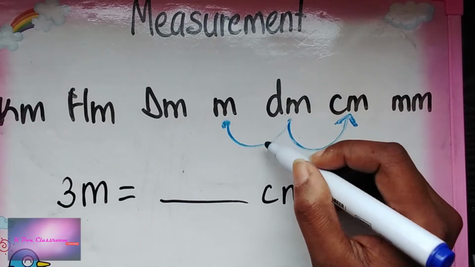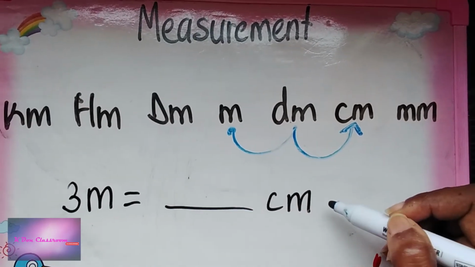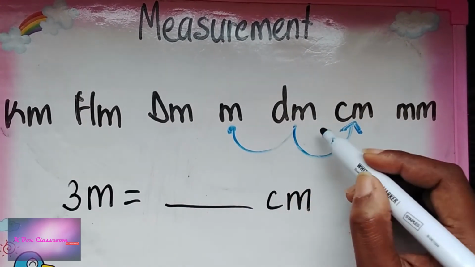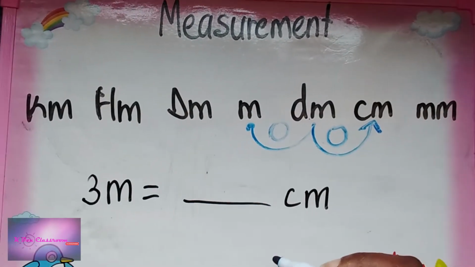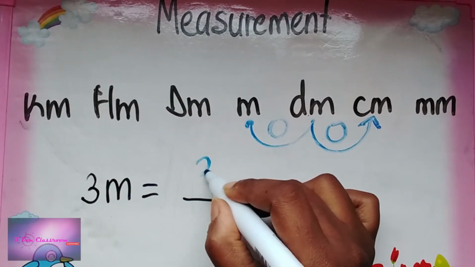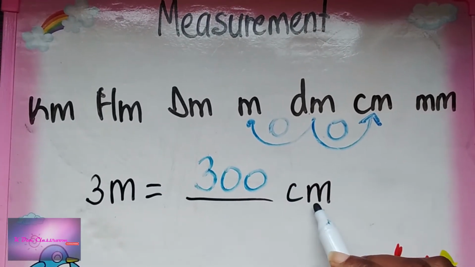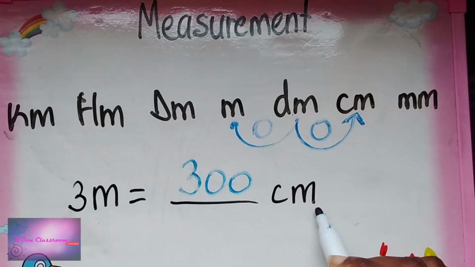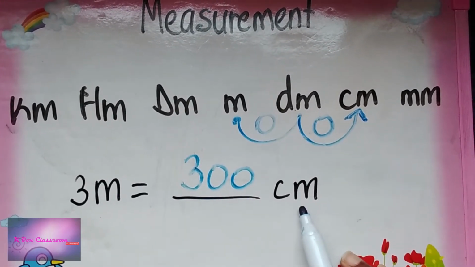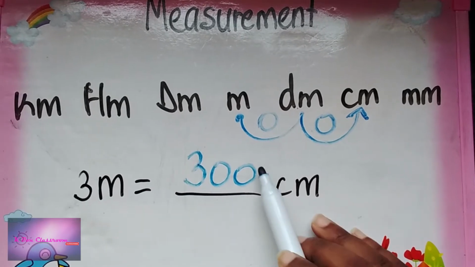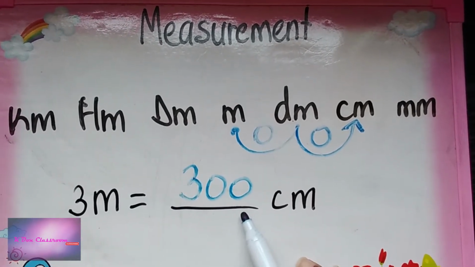So what I can do is count these spaces and add a 0 for each of them. So 1, 2. I add 2 zeros, and then my answer becomes 3, add the 2 zeros, and it is written in centimeters. So 3 meters changing to centimeters will give us 300 centimeters.